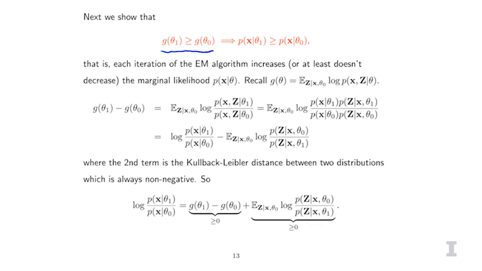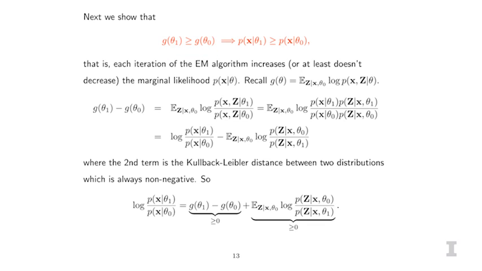We want to show that this actually implies the marginal likelihood of x given theta 1 is bigger than the marginal likelihood of x given theta 0. That means each iteration of the EM algorithm indeed increases the marginal likelihood. Now, how to prove this?